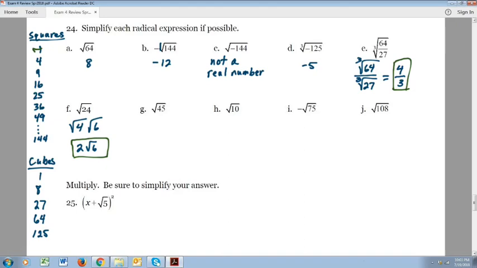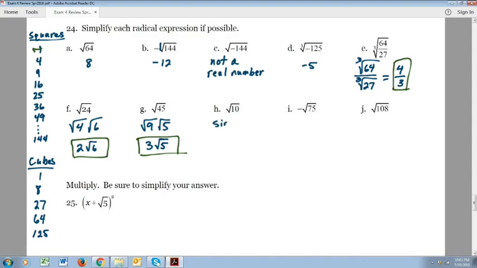So on G, notice that 9 is a perfect square factor of 45. So we can break it into square root of 9 times square root of 5. And square root of 9 is 3, so we get 3 square roots of 5. Now if you look at number 10, there are no perfect square factors other than 1 that go into 10.